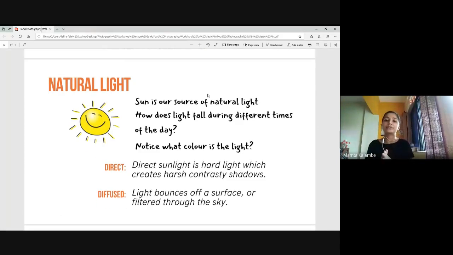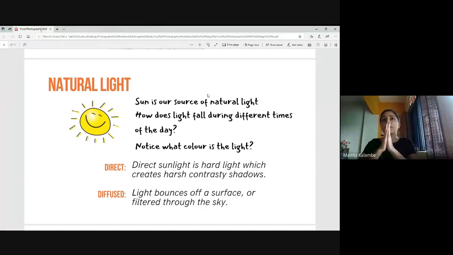Sometimes what happens, we are clicking pictures, and although we have really great cameras, sometimes it happens that something is not working out. And in most situations, it is the lighting that is not working out for us.